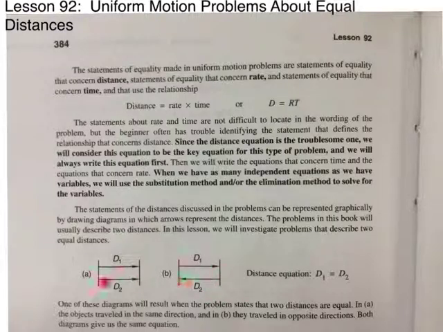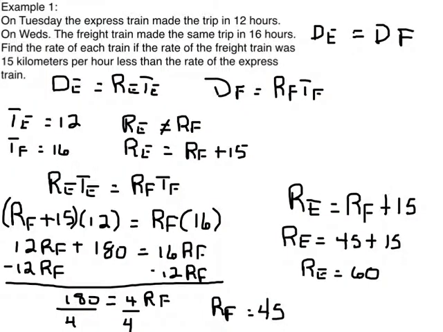So in this case we can say that the distance of one is the same as the distance of two, or equal distances. Okay, so let's work some word problems where you're going to be doing this.